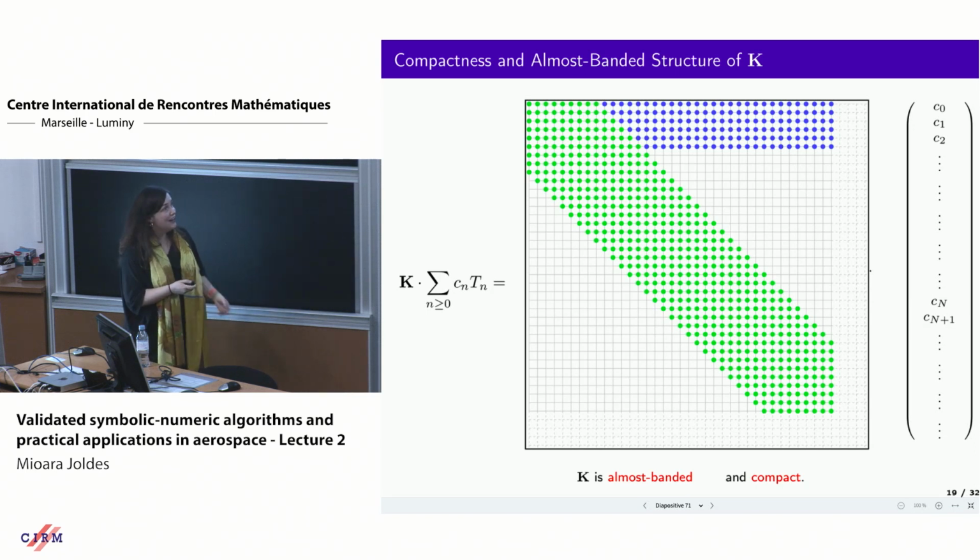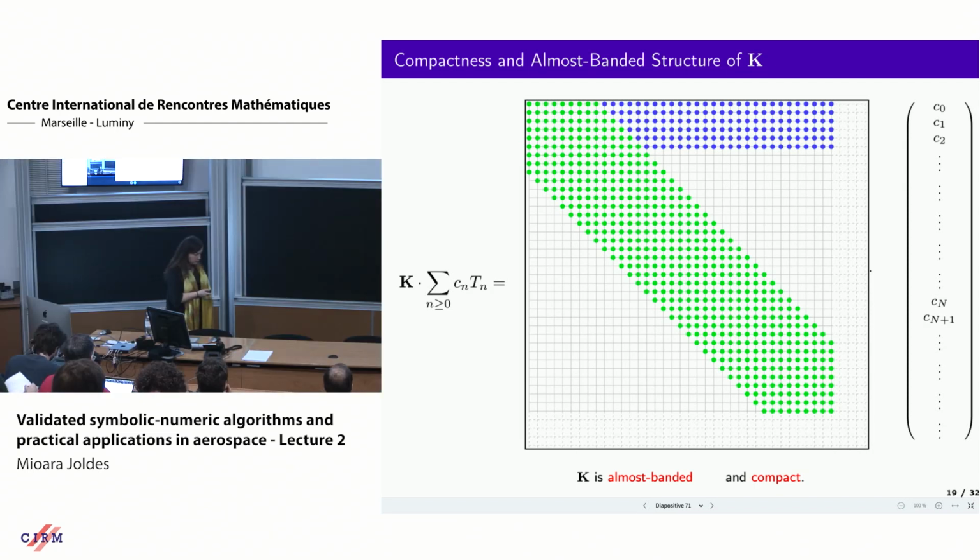This is often called an almost banded operator, because you also have this horizontal band here, and we can prove that this operator is compact, meaning that when you go to infinity, these coefficients will vanish rapidly.